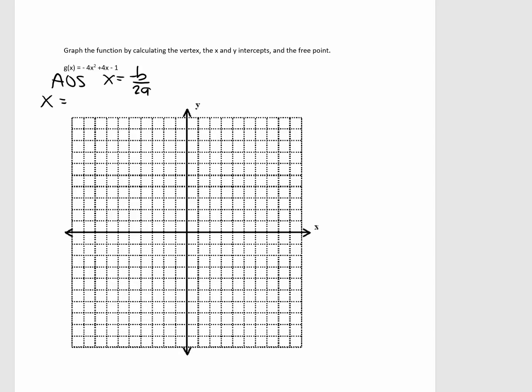x equal to negative b over 2a. So the axis of symmetry is x equal to a half. Now, I need to plug that into this function.